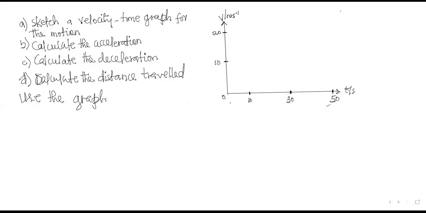So let's go to the sketch of the graph. It accelerates uniformly from rest to a velocity of 20. So let me connect this time to the velocity of 20.